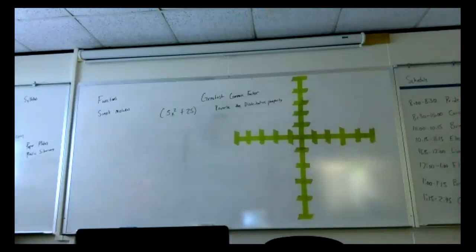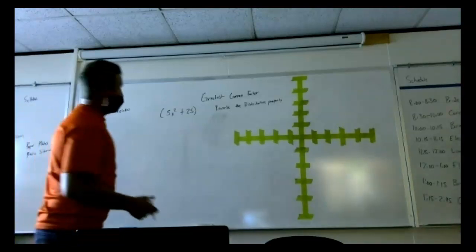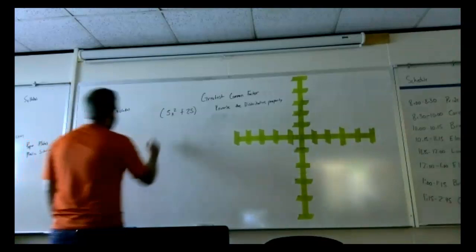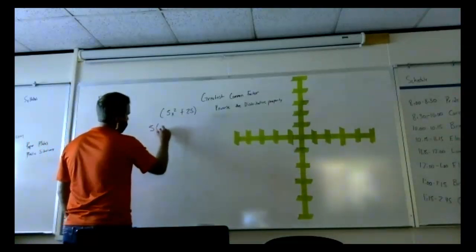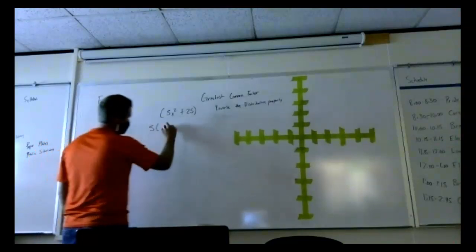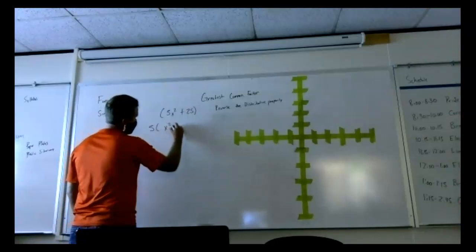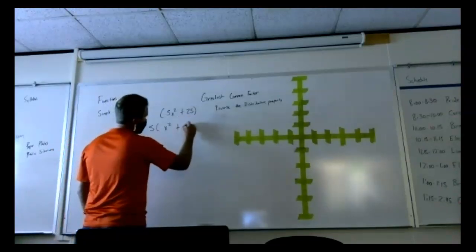What is the greatest number that'll be multiplied to equal 5 and 25? The answer would just be 5. So we know we want to bring a 5 out. So 5x squared divided by 5 gives you x squared, and 25 divided by 5 would be 5.